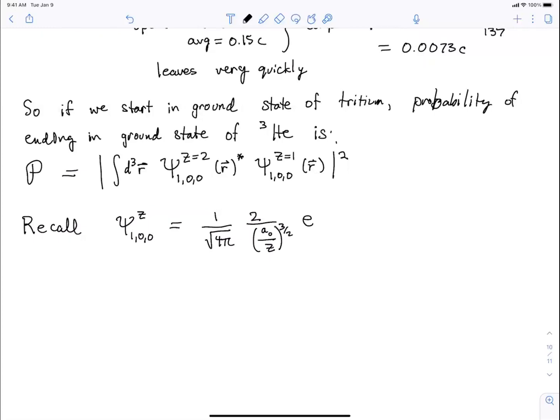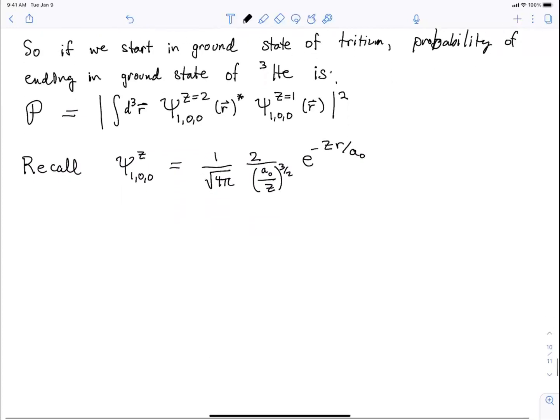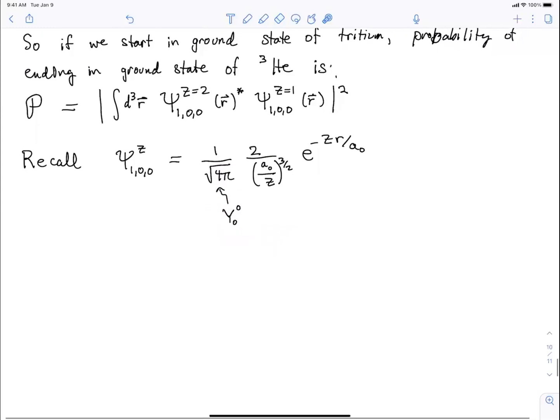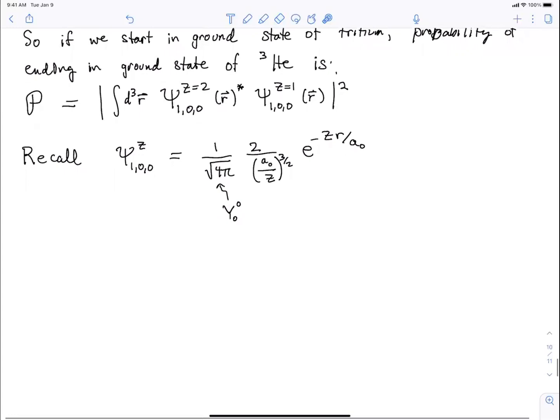Times the exponential of minus ZR over the Bohr radius. So when I write that, the 1 over square root of 4 pi is actually the spherical harmonic Y0,0. And it's because we're in the L equals 0, M equals 0 state that we just get this very simple spherical harmonic, which is just 1 over square root of 4 pi. But both the initial state and the final state have that.